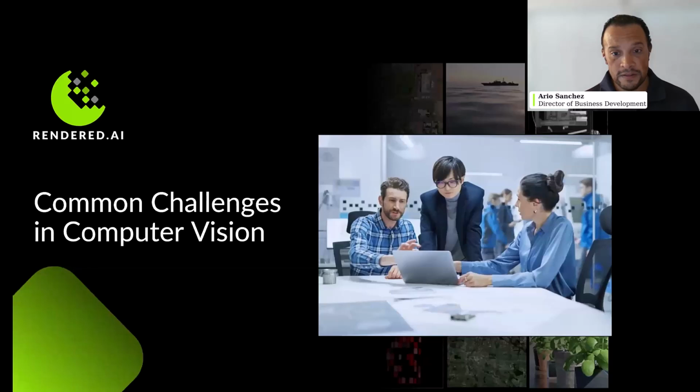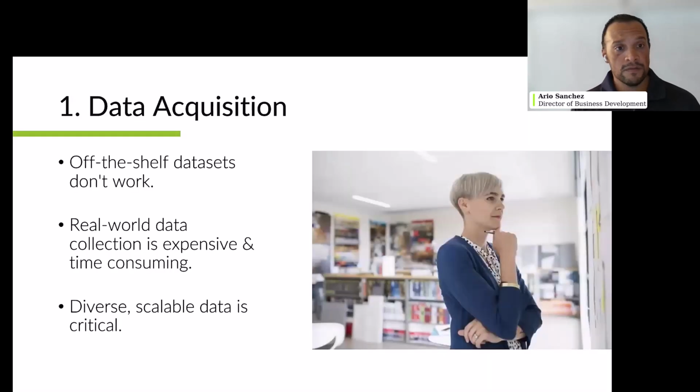So let's go into some of the challenges that we commonly see, or at least that when you look at all these studies and experiences that we might have all had are most common. So we'll start with the first one, data acquisition. And this one can be very challenging because even when the data is readily available, it may lack the diversity as well as the complexity to ensure that the robustness that you're seeking within your model can be achieved.